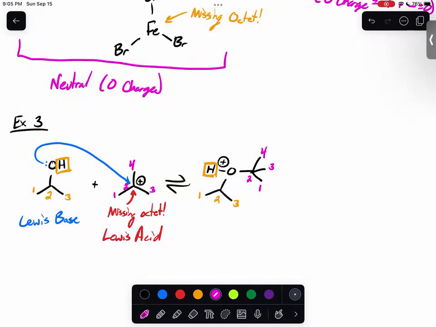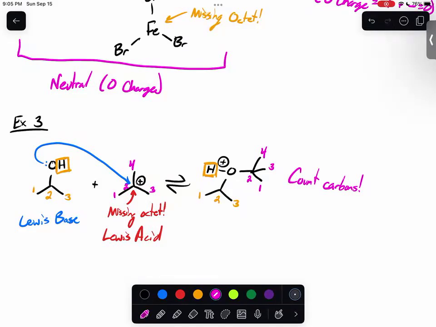So one good practice to keep in mind when you're looking at these reactions is to count carbons, right? Make sure that you're drawing in the correct number of carbons whenever you draw the product. Because sometimes you can drop atoms, and if you drop atoms, you're technically showing the wrong product, which means that you've drawn the incorrect reaction.